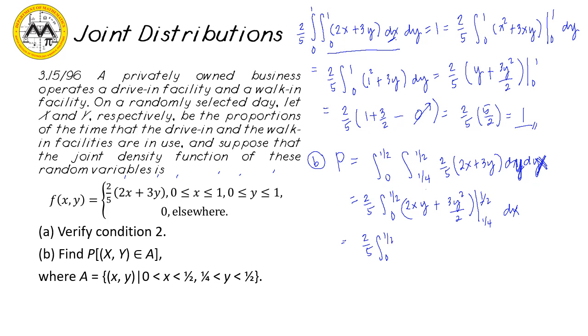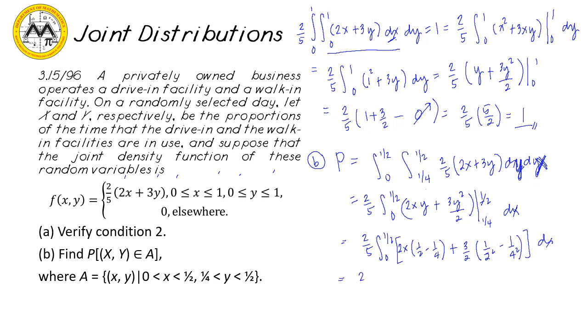For the upper limit, take note that we are substituting it to y. So that would be 2x times 1/2 minus 1/4, plus 3 over 2 times 1/2 squared minus 1/4 squared, dx.